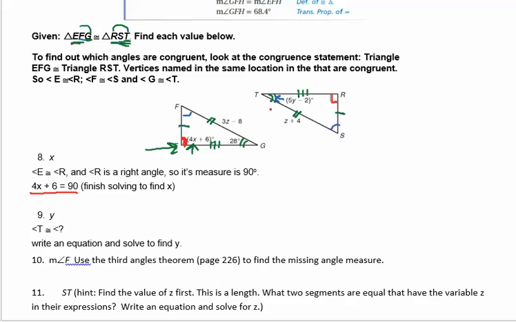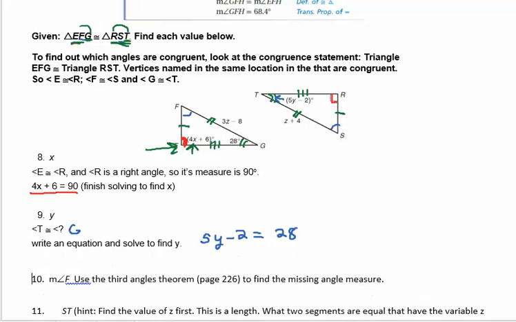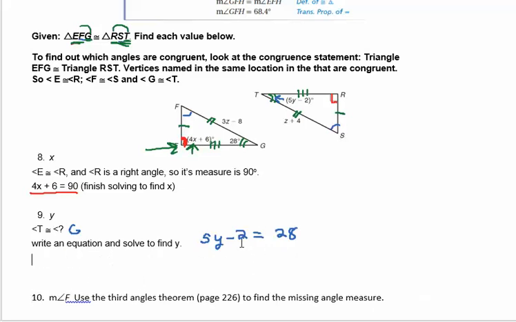So that's pointing to angle T, and we know that angle T is congruent to angle G because we already marked that. So you can write an equation that says 5y minus 2 is equal to 28. And here's another case where I'd have to put a few more lines in my Word document if I was typing this out, and then I would solve this equation for y.